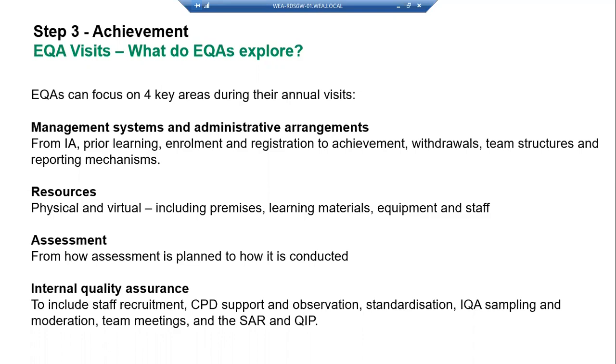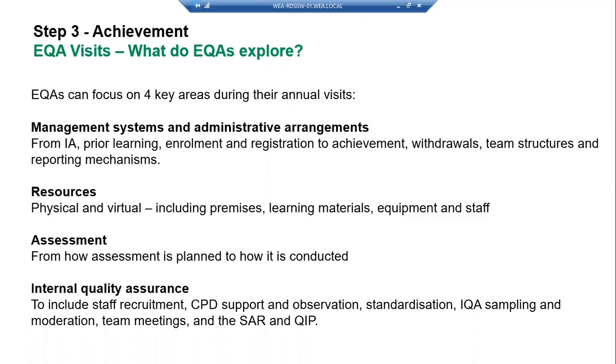So the EQA visits mainly focus on 4 areas for us, for City and Guilds, although increasingly some of the things around management systems and around resources, our EQA doesn't ask so much about. He's more interested in seeing, obviously, the learners' work, the assessors' work, and what's been happening with the IQA.